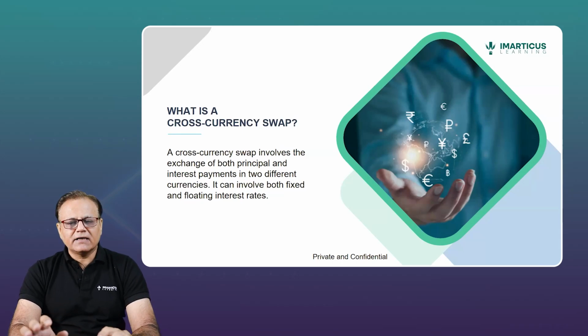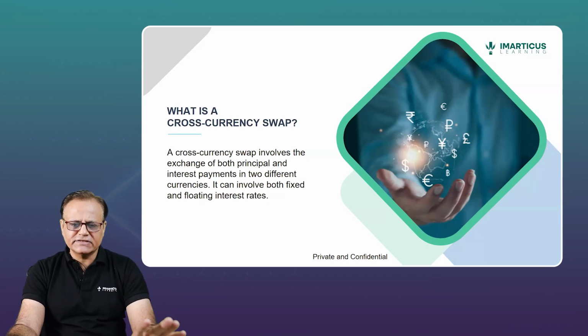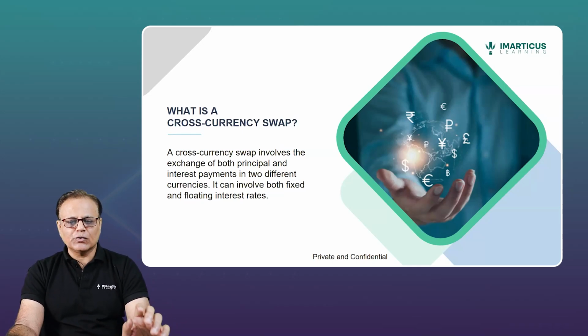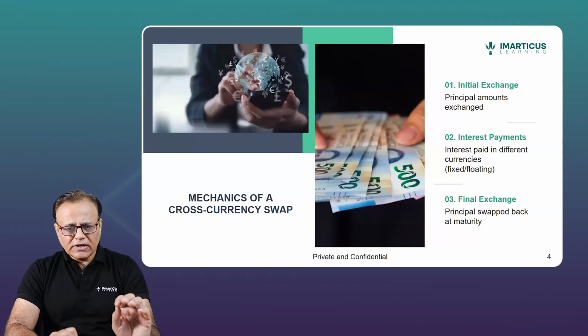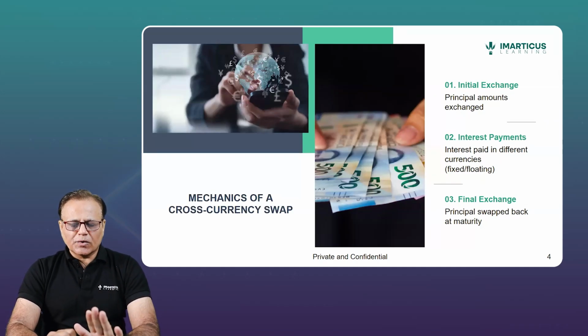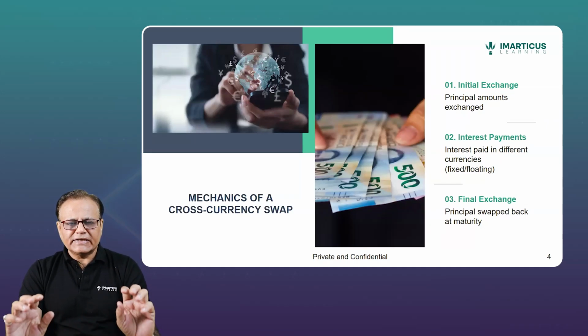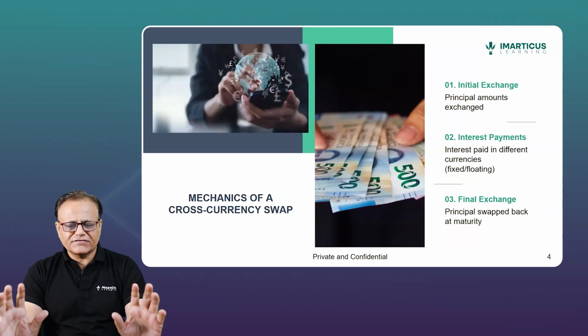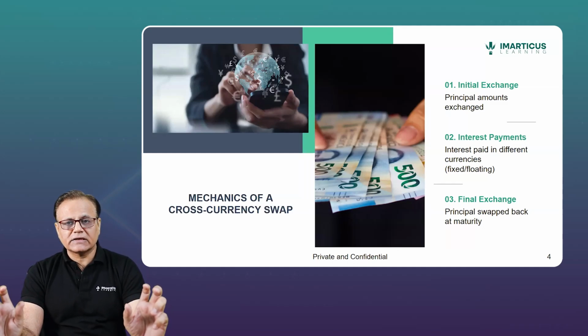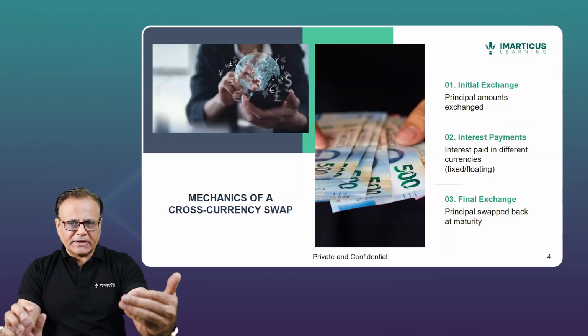Okay? And again, what interest rate are we talking about? Could be fixed, could be floating. And we'll dwell into these in more detail as we go on. So for the cross-currency swap, we'll take an example where both the principals are exchanged in the first place, for a particular period.